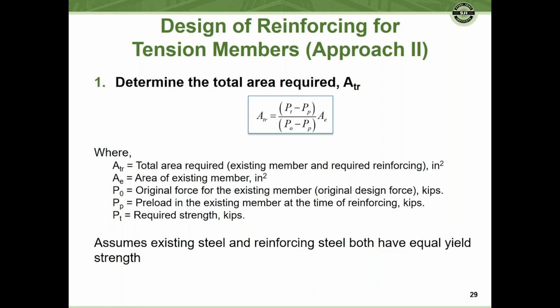In this particular case, we're looking for the total area required based on the forces: P sub O, which is the original force, P sub P, the preload, and obviously that's going to be some sort of assumption based on shoring or other characteristics, and then P sub T, which is the total required strength. And so we put that into this equation, and we get the total area.